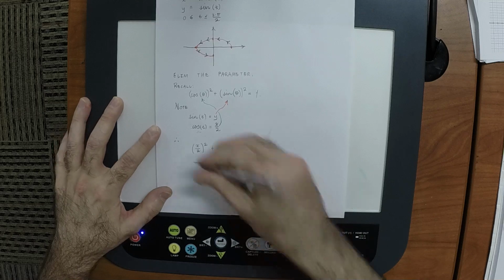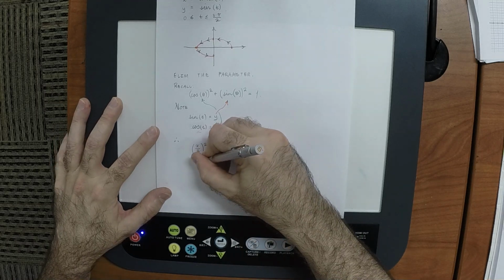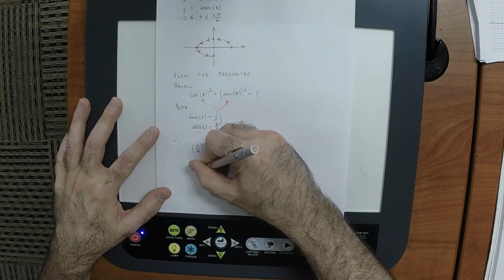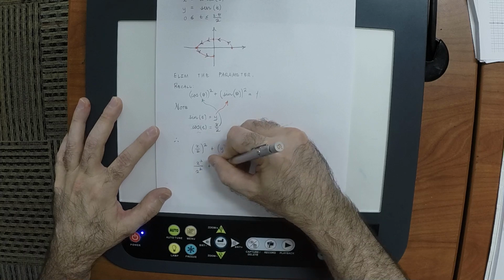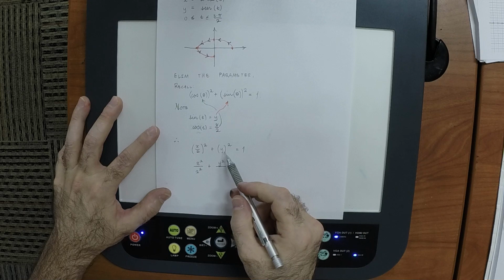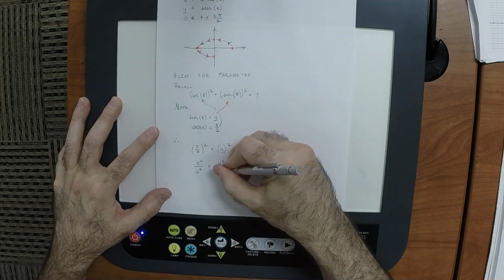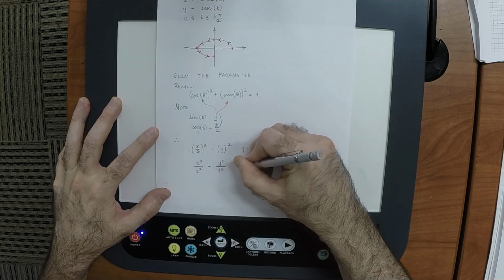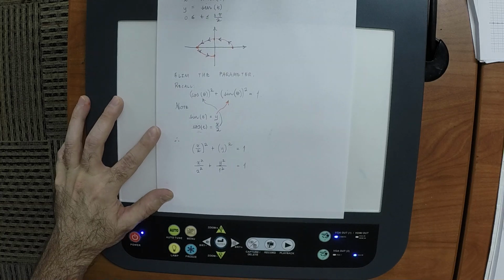And then with a minor modification, I can say that this is x squared over 2 squared plus, for reasons that I hope are clear, I'm going to write y squared divided by 1 squared, is equal to 1. So what is this?